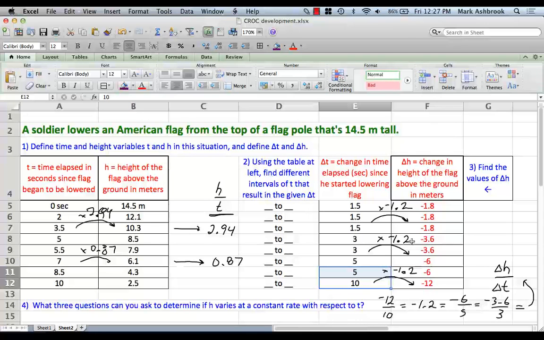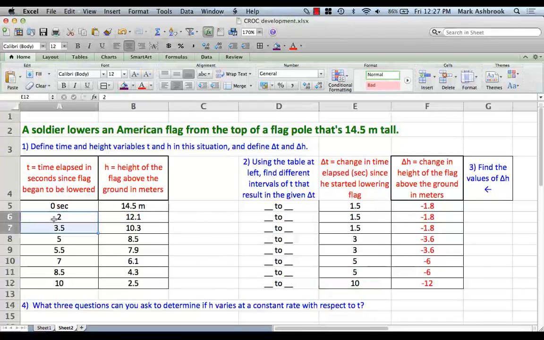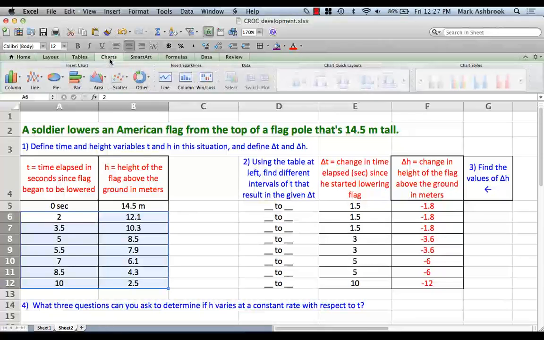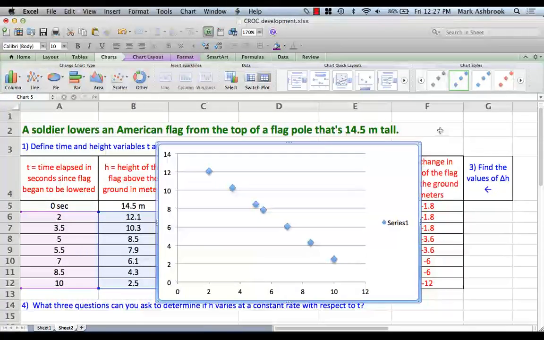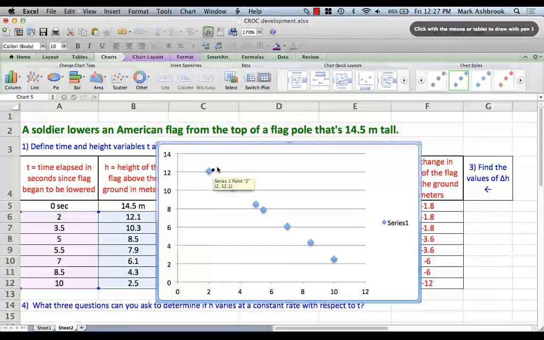Okay, so let's graph this and see how this all plays out on the graph. So I can quickly here, I can highlight this. Okay, so what do we see? What am I showing you here?